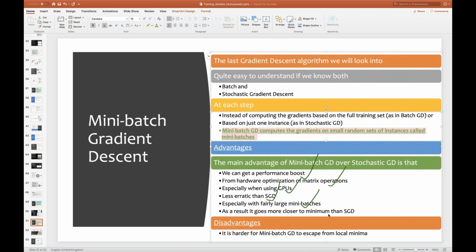As a result, it goes closer to the minimum than SGD. Perfect. When it goes closer to the minimum, that is your local minimum, so don't worry about it. The disadvantage is that it is harder for mini batch gradient descent to escape from the local minimum. This is one of the disadvantages, but you can deal with it.